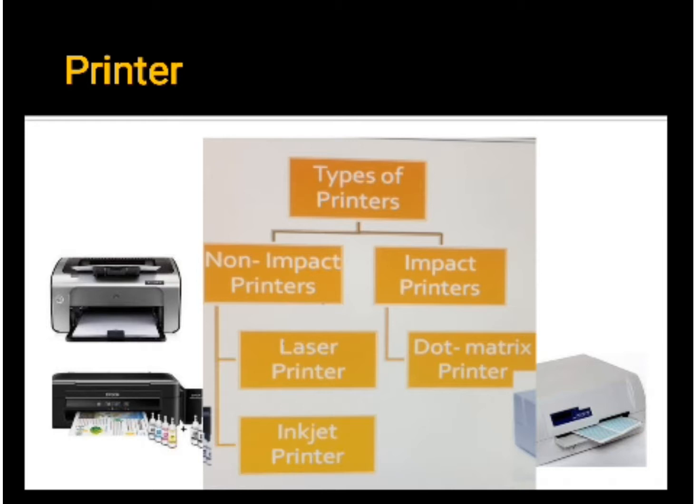Printers that have direct contact between the printer head and paper are known as impact printers, and printers that do not have direct contact between the printer head and paper are known as non-impact printers. Non-impact printers are further classified into two categories, laser printer and inkjet printer. An impact printer has only one category, that is the dot matrix printer.